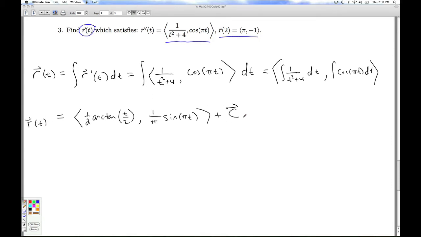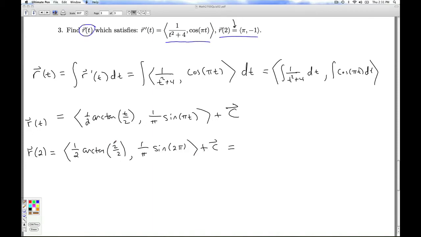To figure out which one, to determine what the value of the constant is, we need to enforce the initial condition. So let's substitute 2 into the expression we have here. That's 1/2 arctangent of 2 over 2, comma, 1 over pi sine 2 pi plus c.